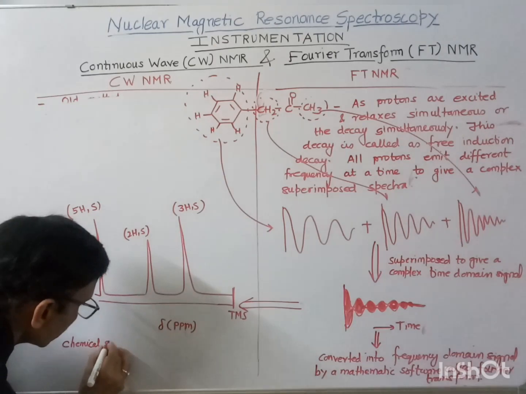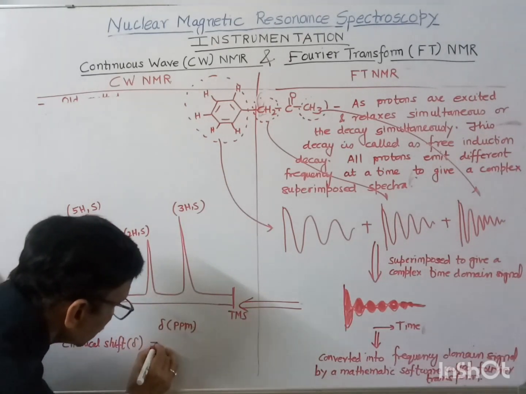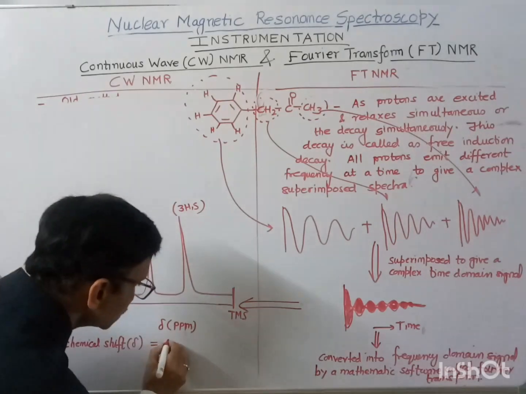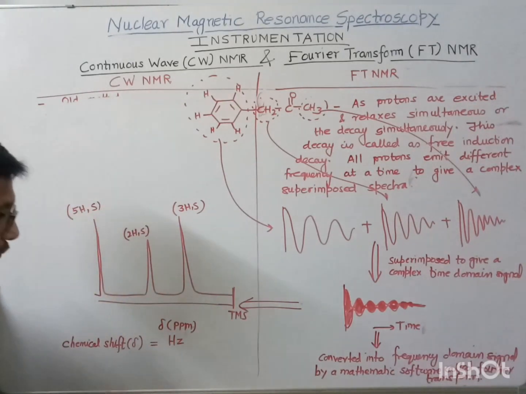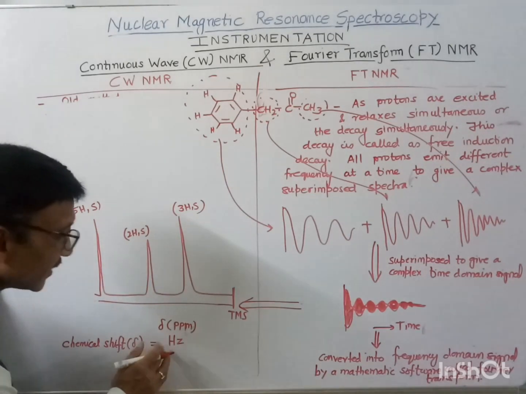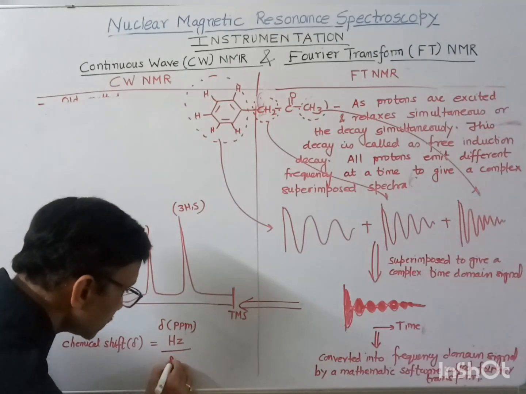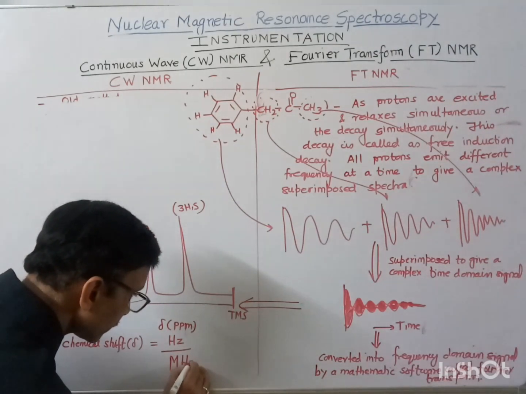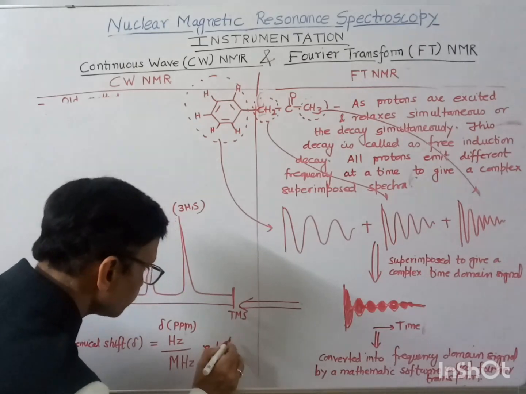This chemical shift, delta, is equal to the frequency of the signal in hertz divided by the spectrophotometer frequency in megahertz, multiplied by 10 to the power 6.